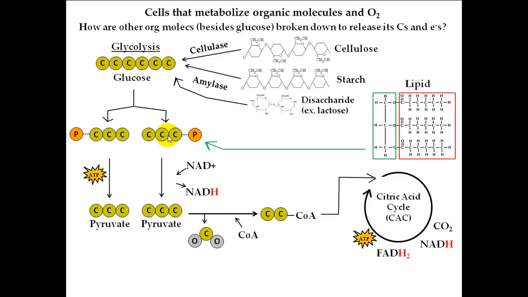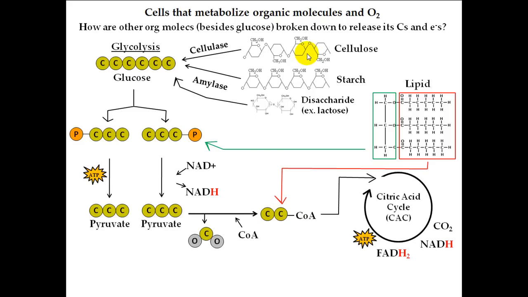This molecule then can enter glycolysis basically halfway through in order to make a whole bunch of NADHs, and then NADHs over here, and some ATPs in the citric acid cycle as well. The fatty acid portion of the lipid molecule can be broken down even further to produce acetyl-CoA, and that's how this portion of a lipid ends up getting metabolized. It enters at this point in the pathway that we're taking a look at.